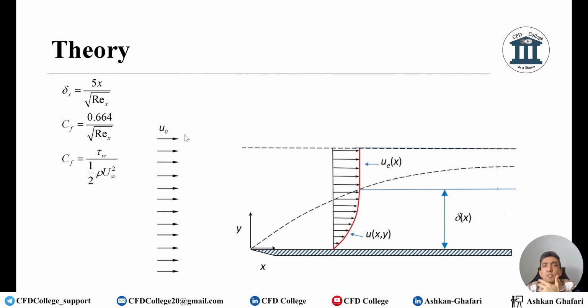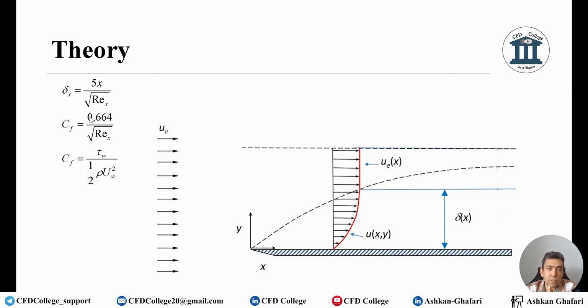So we have some solutions for Navier-Stokes with some assumptions, and I think you might have seen these. This formula, 5 times x, where x represents the local length of the plate, divided by the square root of the Reynolds number at that location, will give us the thickness of the boundary layer.